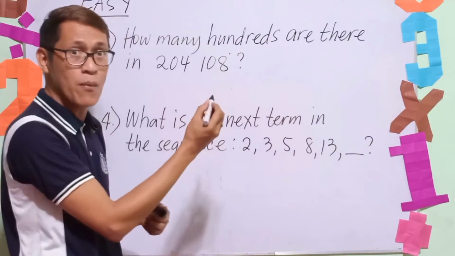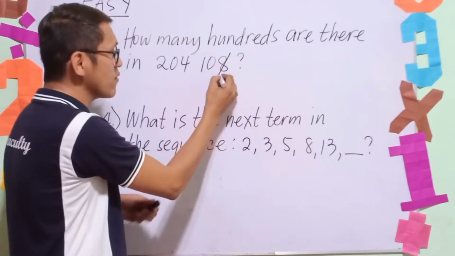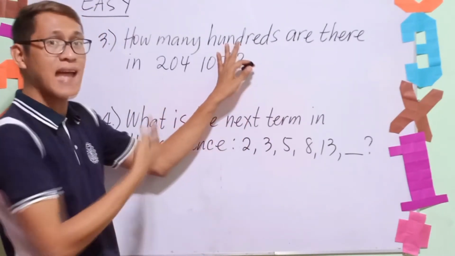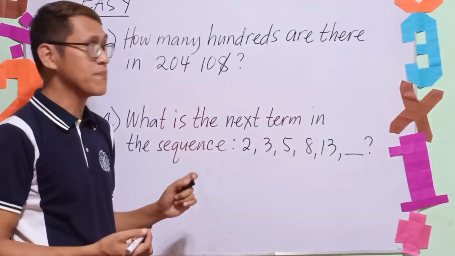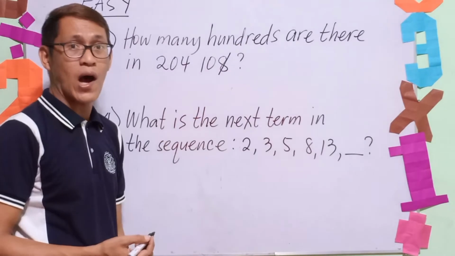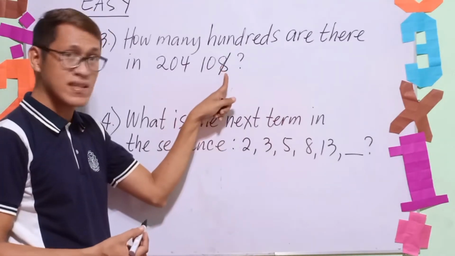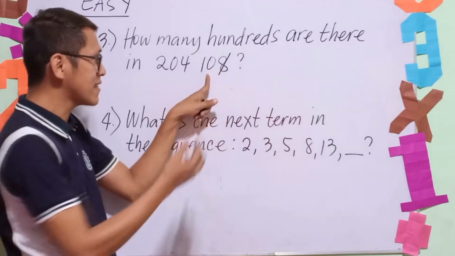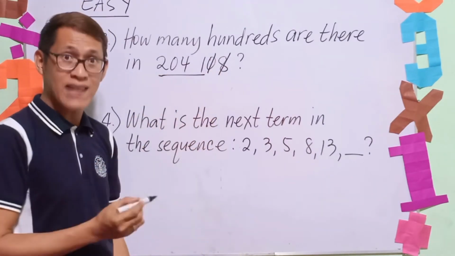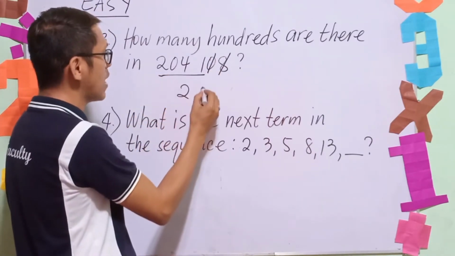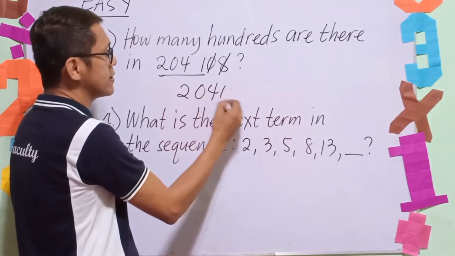Then that's the answer, 20,410. But if you want to know how many hundredths, you remove the ones digit and the tens digit. Then what is left is the answer. So the answer is 2,041.